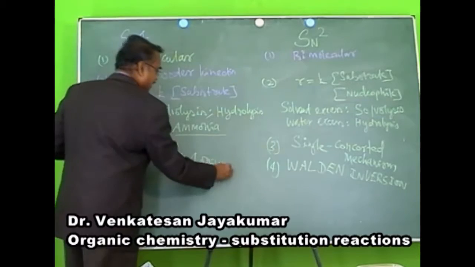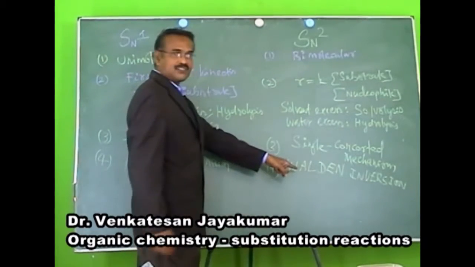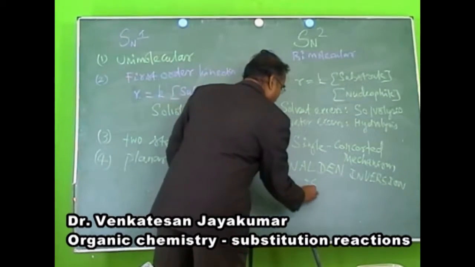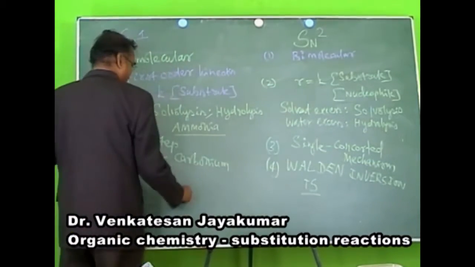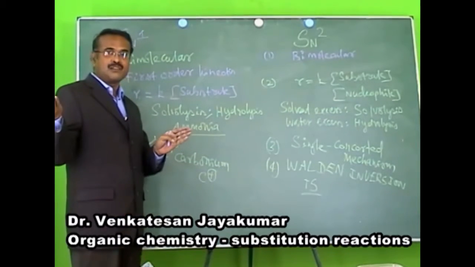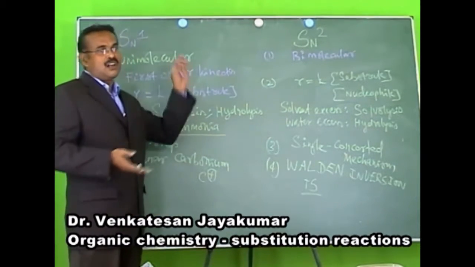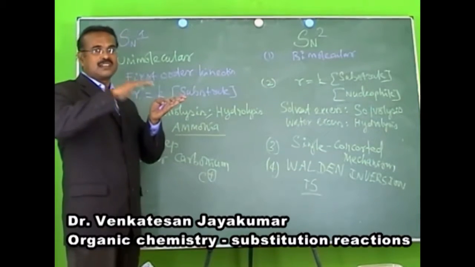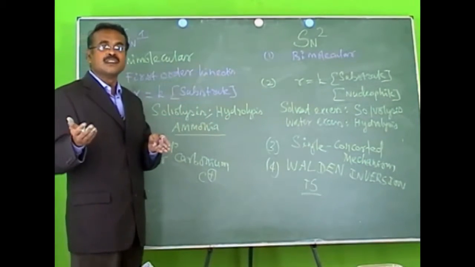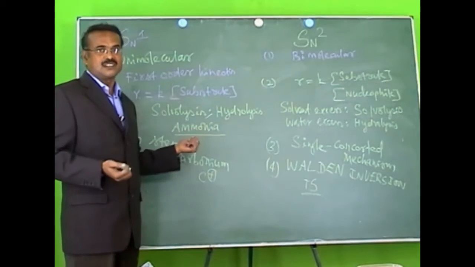In the case of SN2, no carbonium ion is involved, so no intermediate. The reaction proceeds through a transition state. Because of the planar carbonium ion, the nucleophile may attack either from the front side or the back side. So both retention of configuration as well as inversion of configuration end up with a racemic product, racemization.